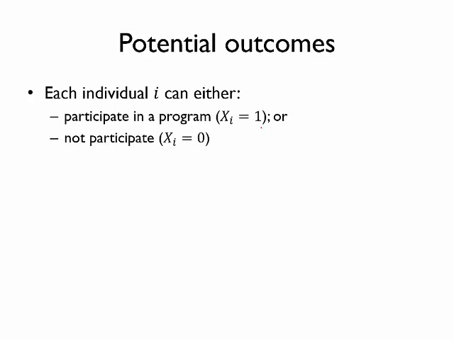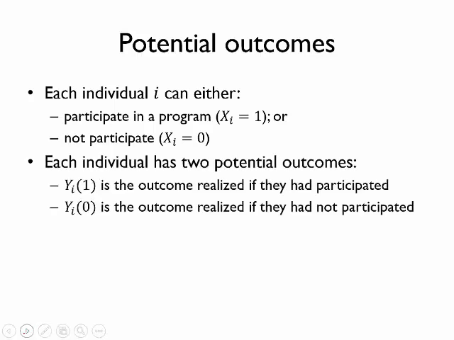You could also imagine applying this framework to something like a drug trial. x_i equals 1 if an individual is taking an experimental drug, and x_i equals 0 if they are not taking that drug, or perhaps they're taking a placebo instead.